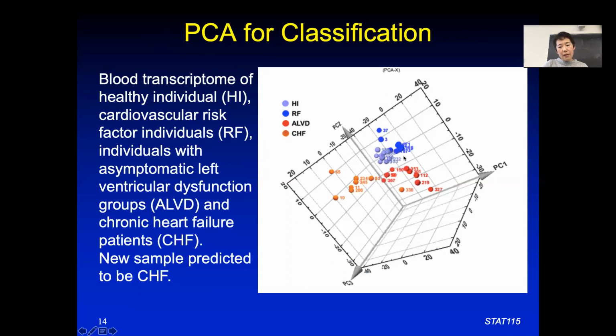Then we plot them on this graph. Now it's 3-dimensional, the first three principal components, right? So the first principal component is here, the second is going this way, the third is going this way.